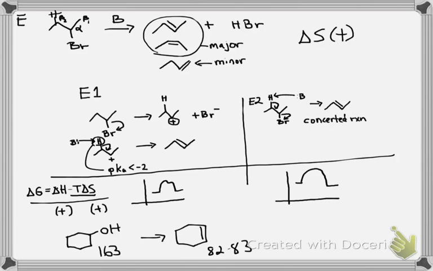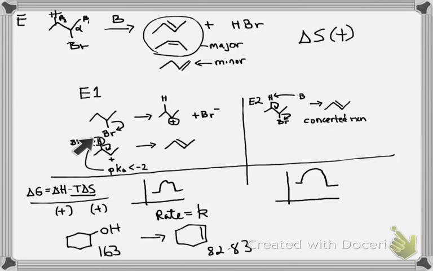Okay, so rate laws. For E1, rate equals k times, what? The concentration of the leaving group? Not the leaving group.